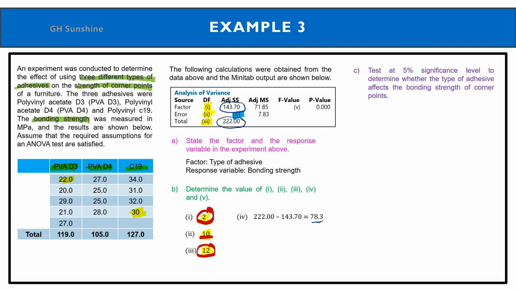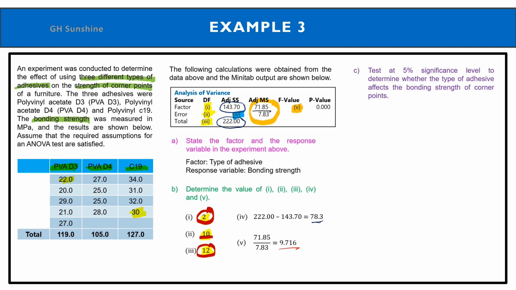And last one here, number 5. So number 5 is calculated based on MSA divided by MSE. Here, divide 71.85 divided by 7.83. Therefore, 9.716.